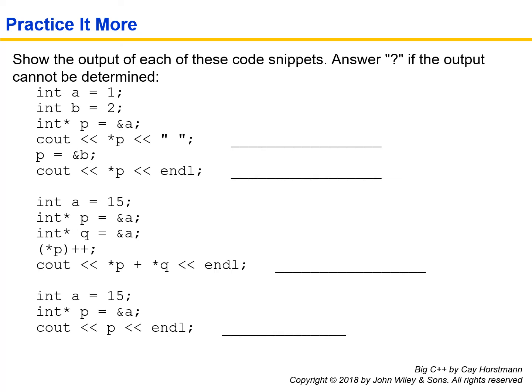The third blank: we've assigned P to point to A and Q to point to A, and then we've dereferenced P, so we're pointing at A, and added to that value. So A is now 16. Then we're couting dereference P plus dereference Q, so A plus A. 16 plus 16 is 32, which is what should go in that blank.